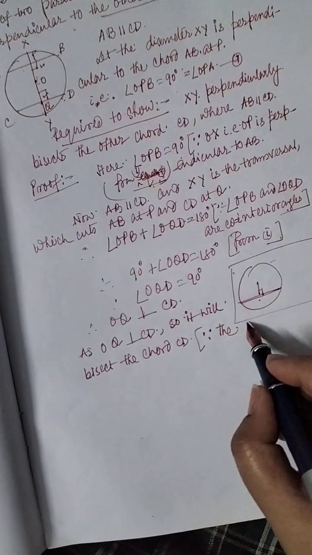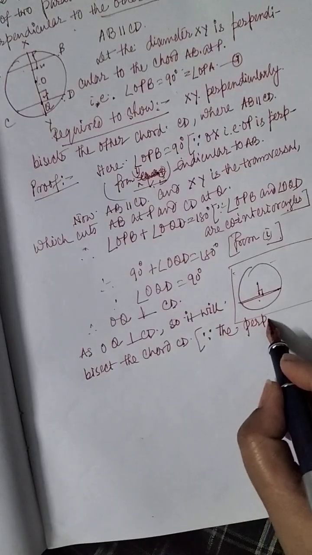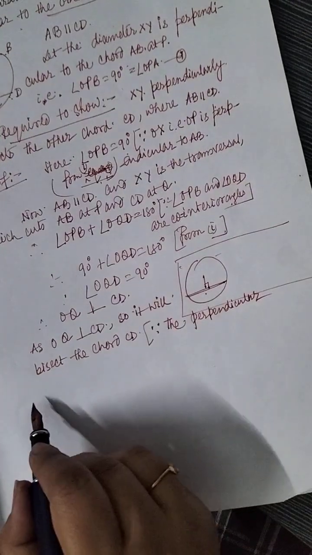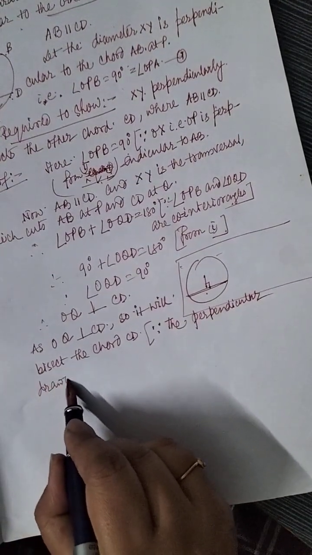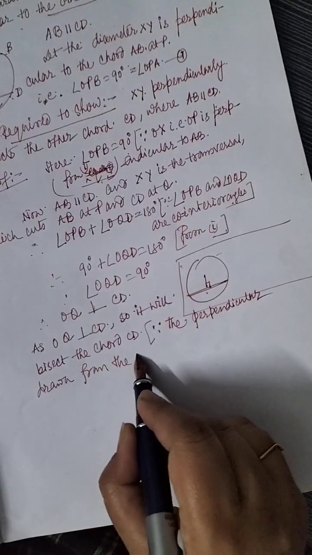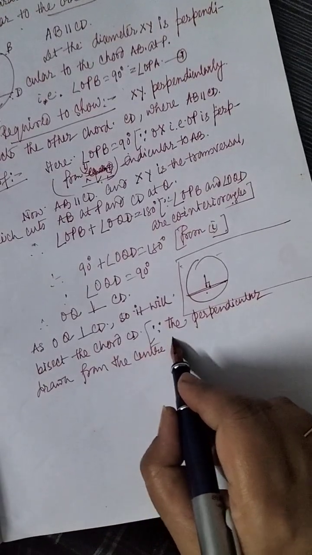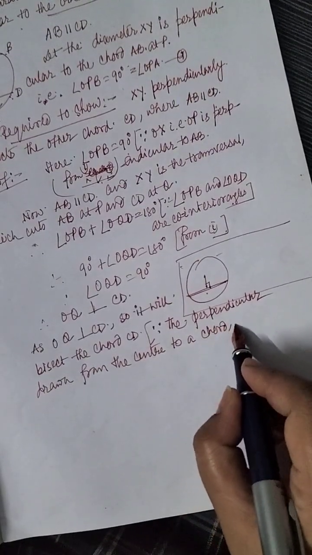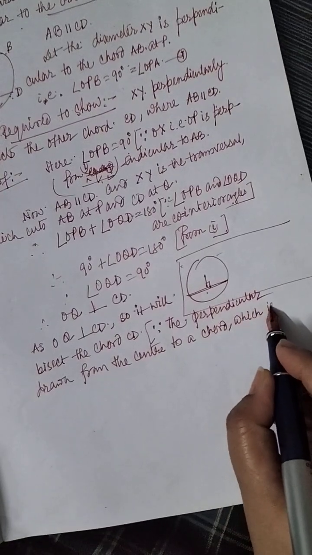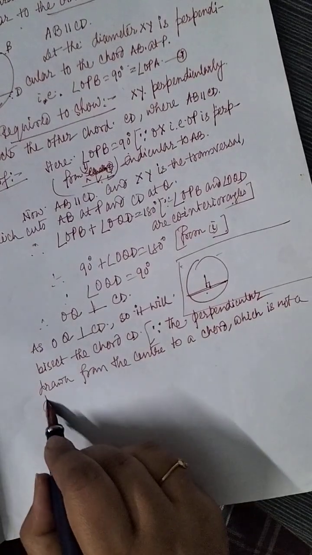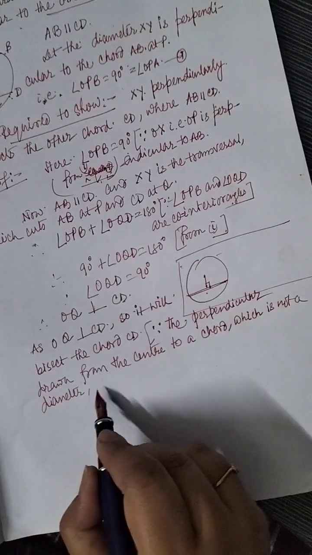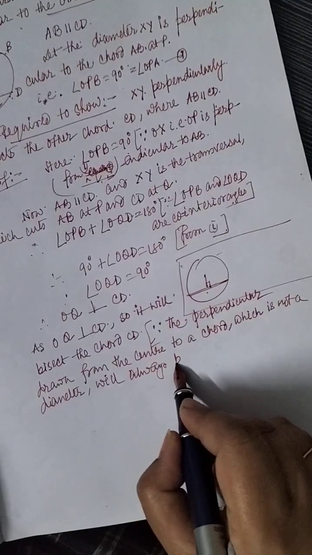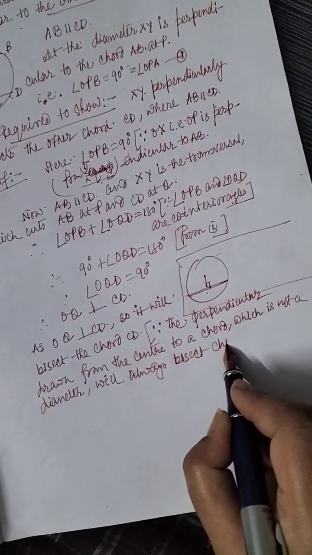The perpendicular drawn from the center to a non-diameter chord, to a chord which is not a diameter, will always bisect the chord.